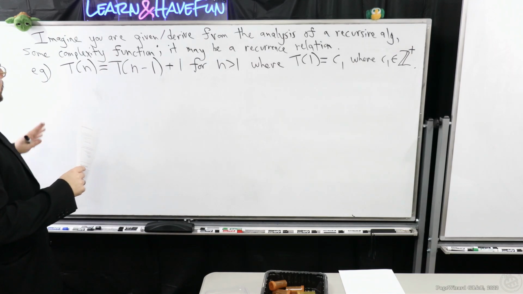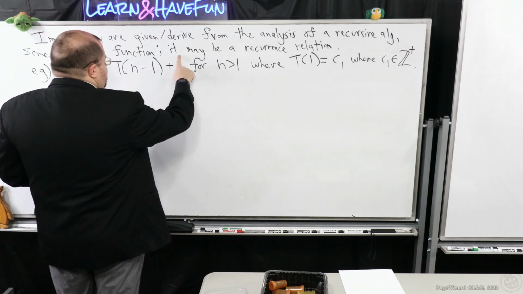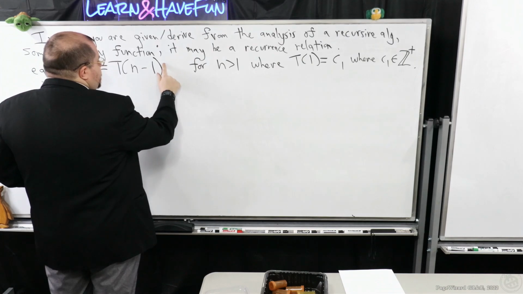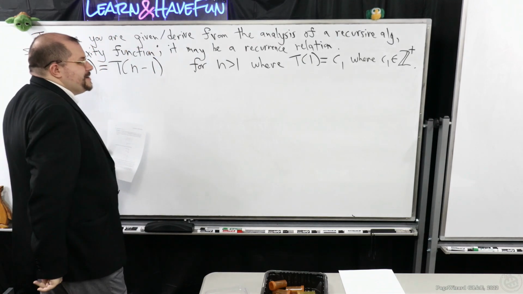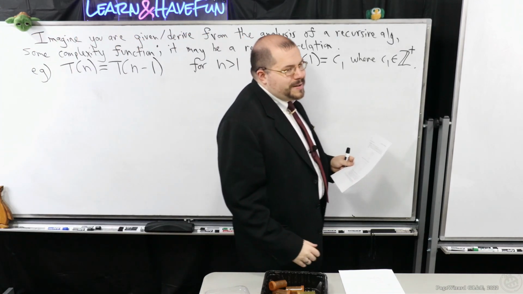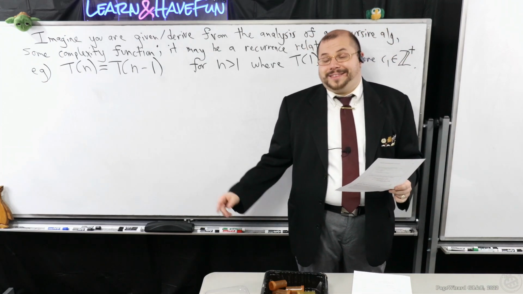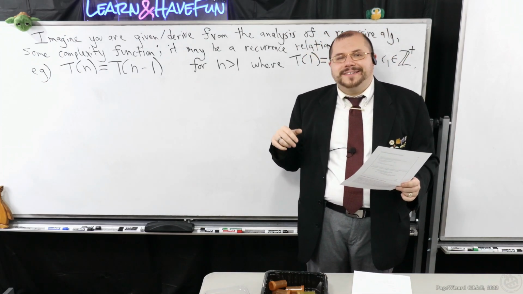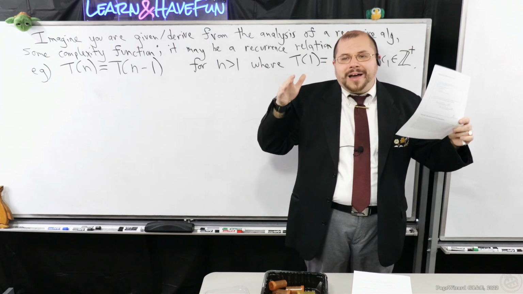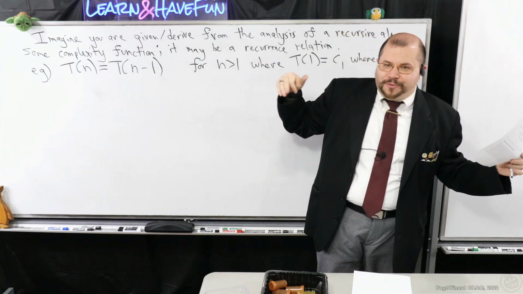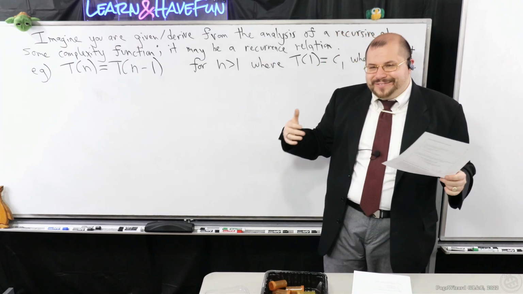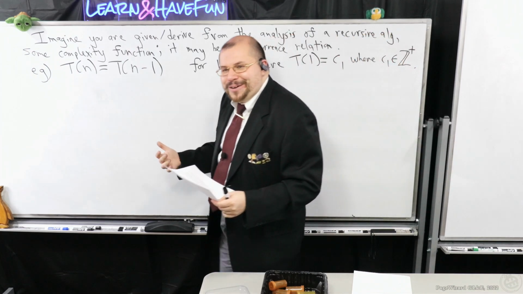So just to keep it simple for our example here, I'm just going to get rid of the plus 1, even though it wouldn't be possible to have an algorithm that does this, because your algorithm will have to perform at least one operation before it does a function call, right? Doing the function call is at least one operation.